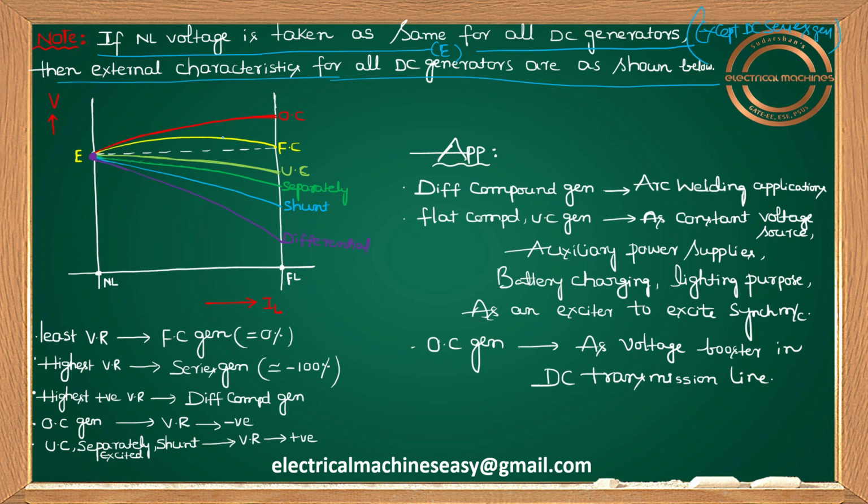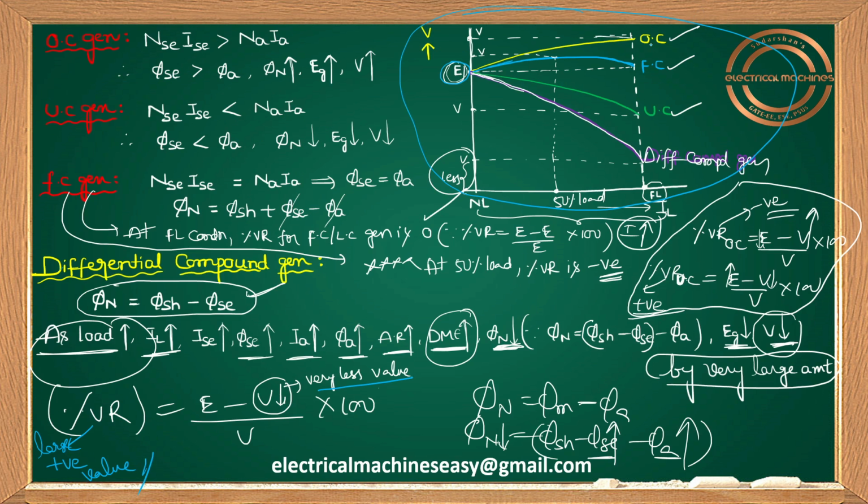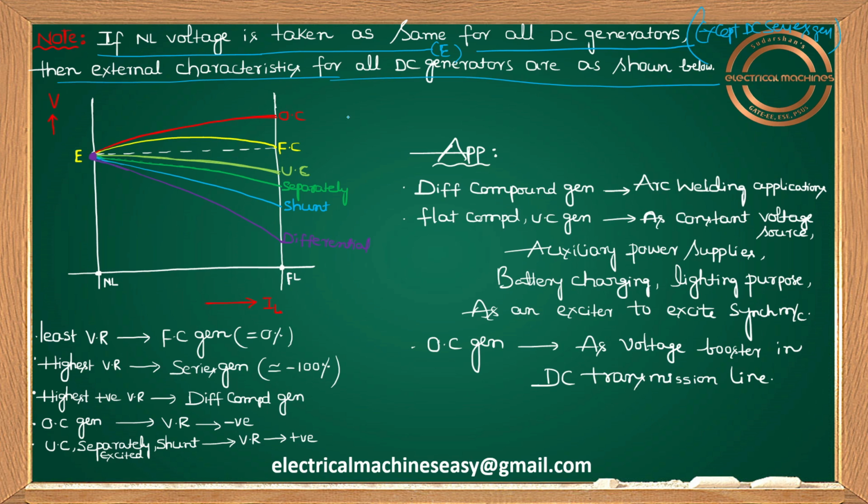I just explained over compound, flat compound, under compound and differential compound here. It's the differential compound, the color is not visible, please try to write it clearly. And I already explained shunt and separately excited.